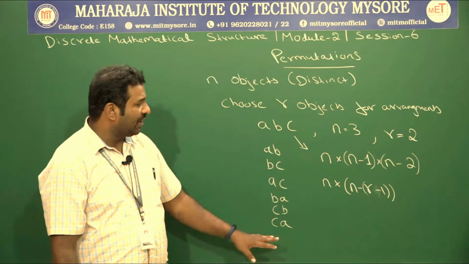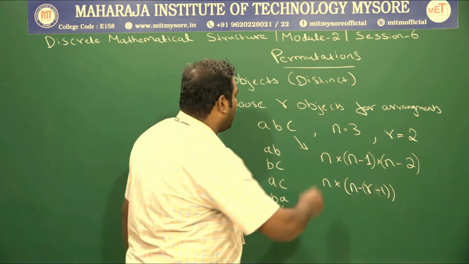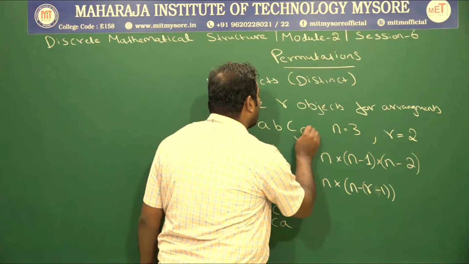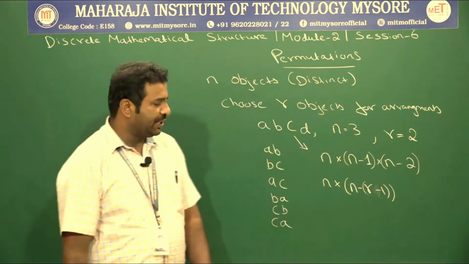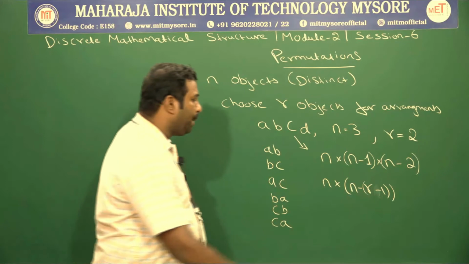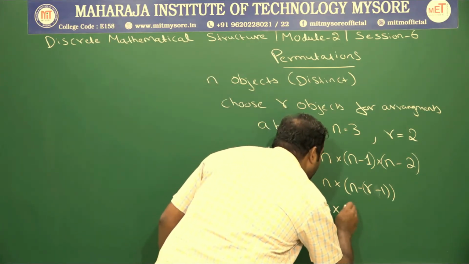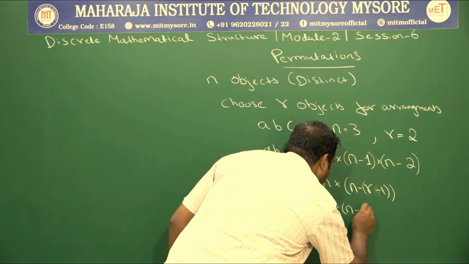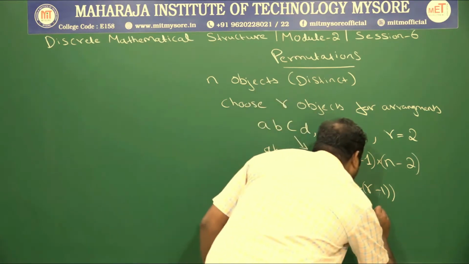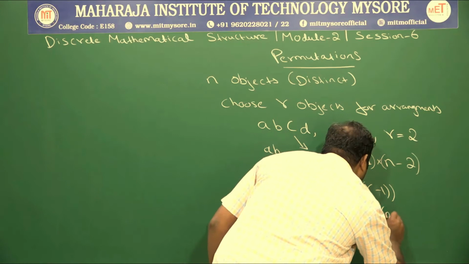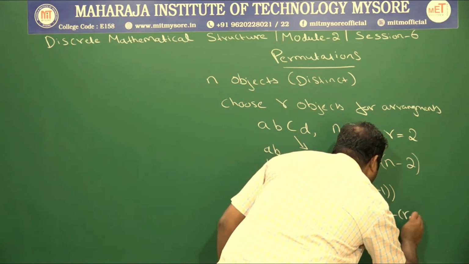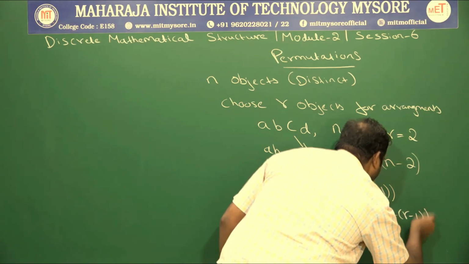So hence, in general, if I am going to have n with 4 objects, now the form is going to be n into n minus 1 into n minus (r minus 1).